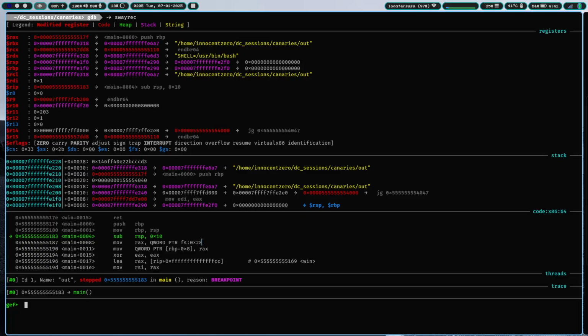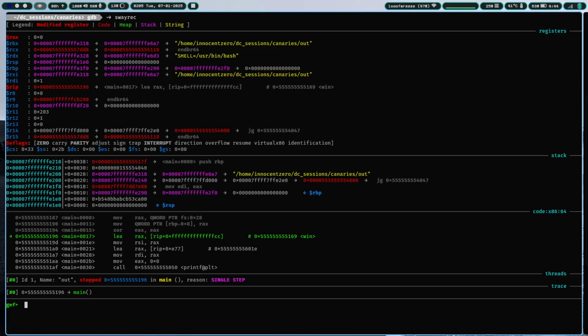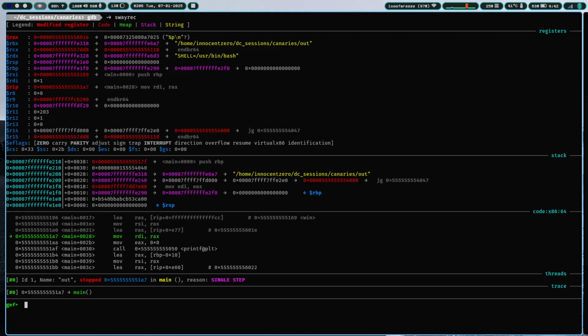You see RBP here. So this is old RBP. This is where the canary will be, and this is the buffer. So yeah, canary has been loaded, and this will be random all the time.